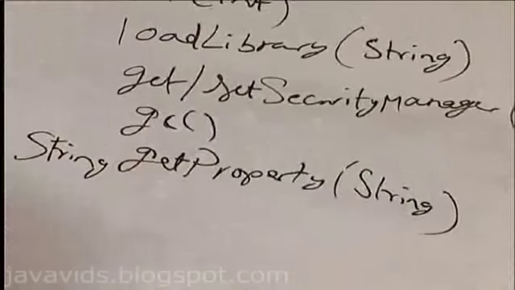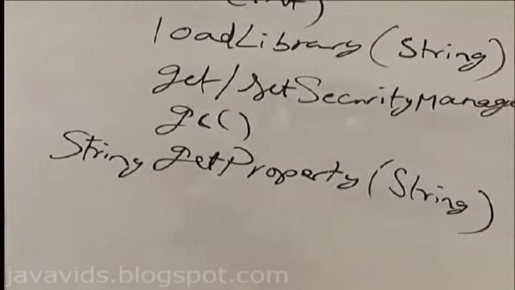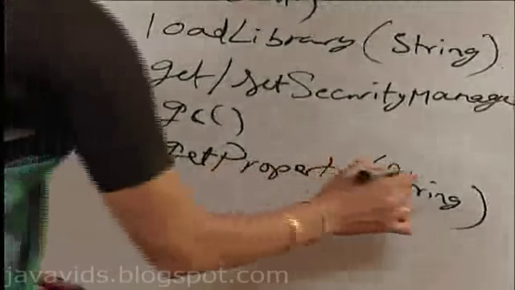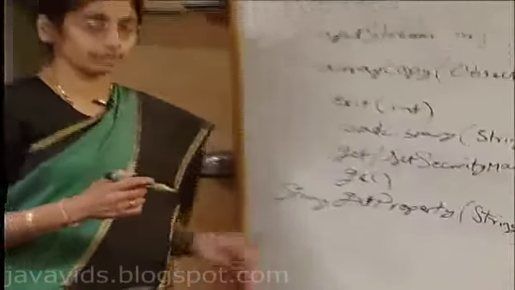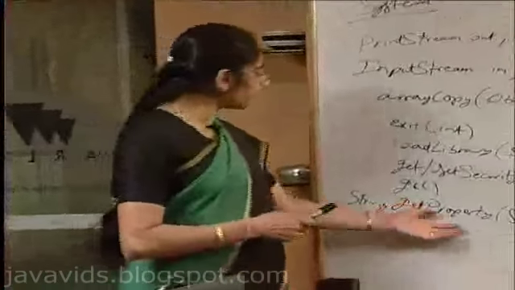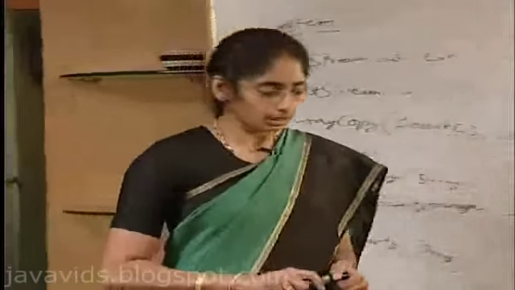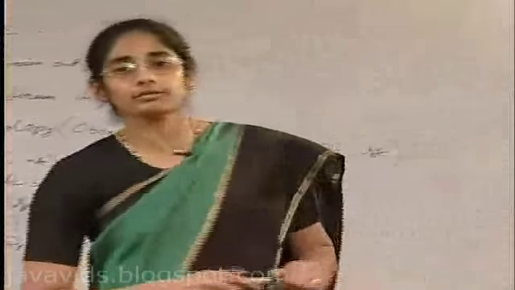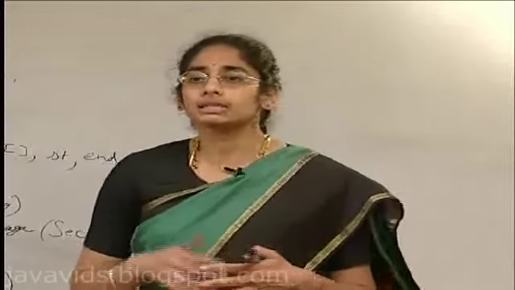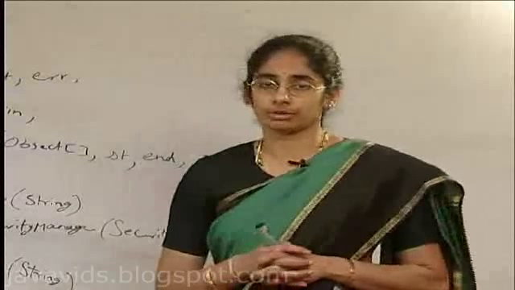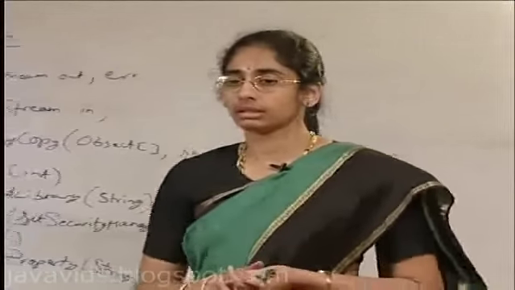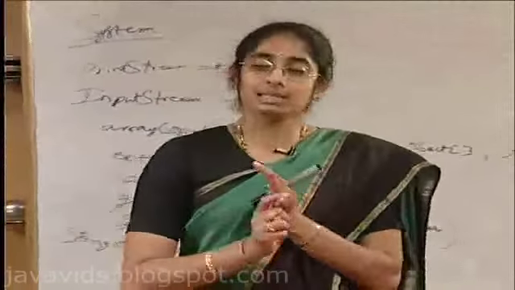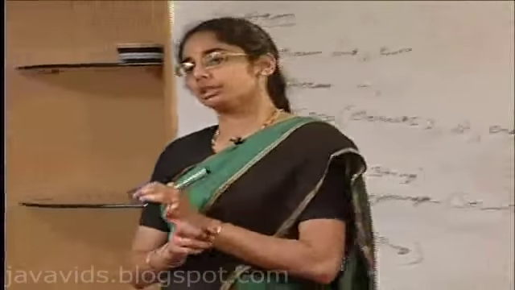We also have the getProperty method, which takes a string as parameter. That's the name of the property, and it returns the value of the property. Now what is this property? There are a set of environmental properties which are set for your JVM, for your application rather. For example, what is the name of the JVM? What is the version of the JVM?